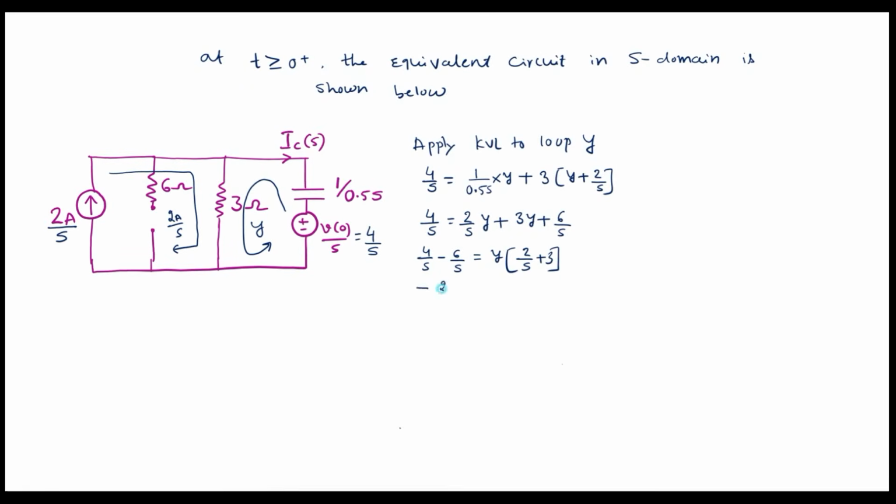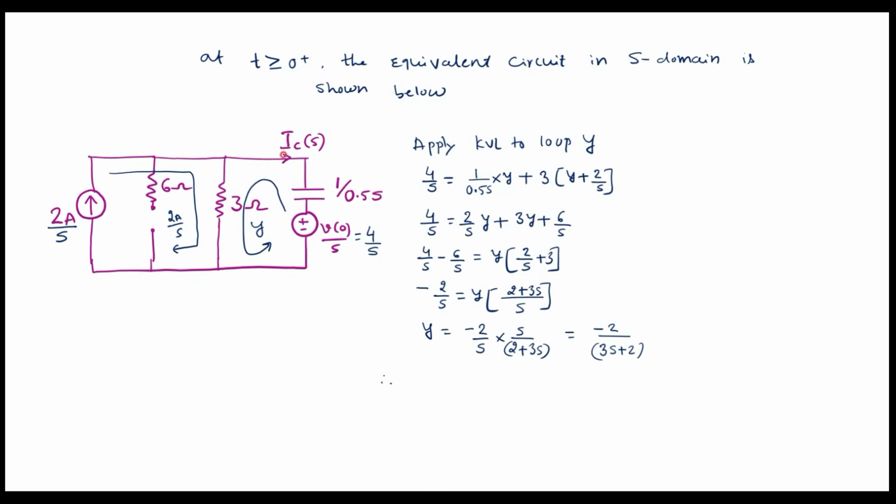Simplifying this, minus 2 by S is equal to Y in bracket 2 plus 3S over S, or I can write Y is equal to minus 2 by S into S divided by 2 plus 3S, which is equal to minus 2 divided by 3S plus 2.